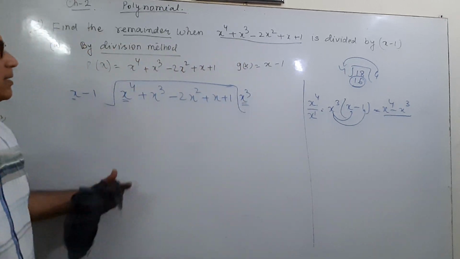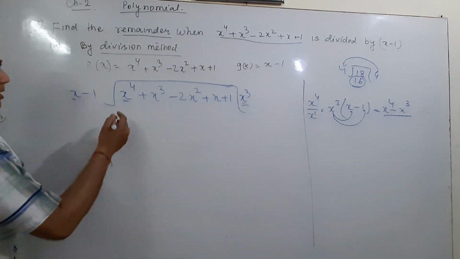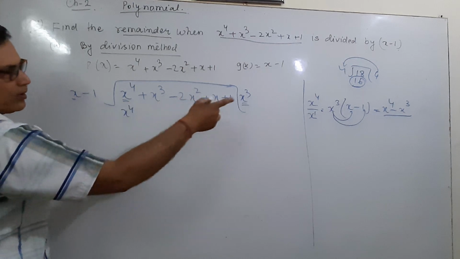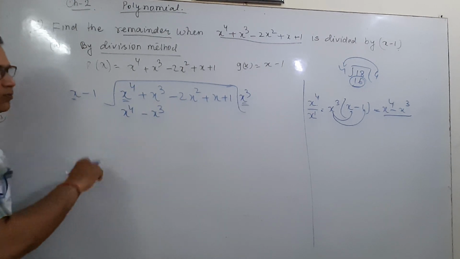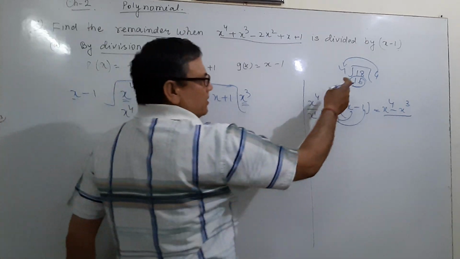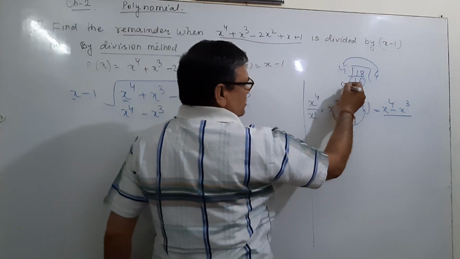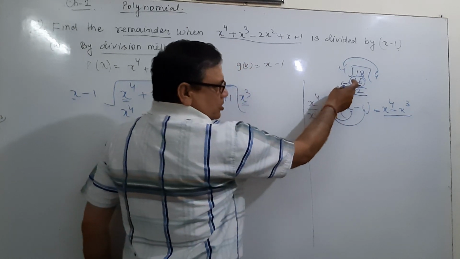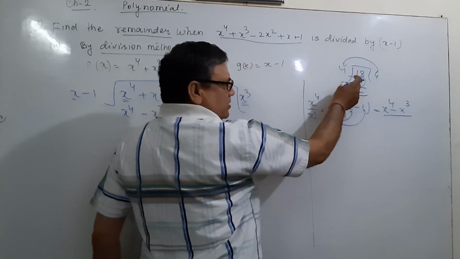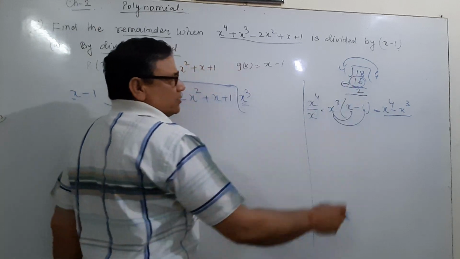We write like terms below like terms: x to the power 4, and next minus x to the power 3. Now we have to subtract, just as 16 is subtracted from 18 by changing the sign of 16.